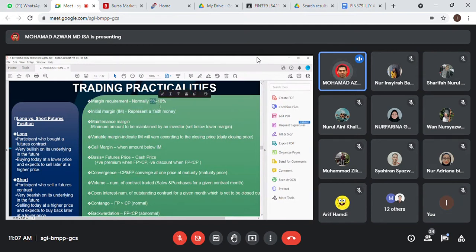If 5%, you pay 5,000, or if it's 10%, then you pay 10,000, out of the total contract value of 100,000. Okay, faham tak pasal initial margin?